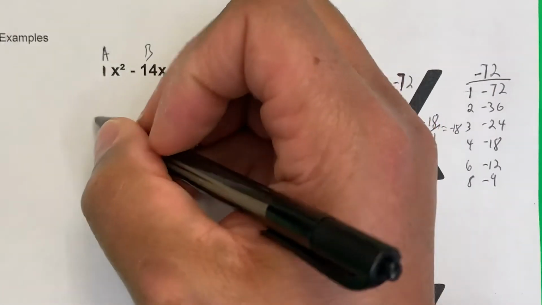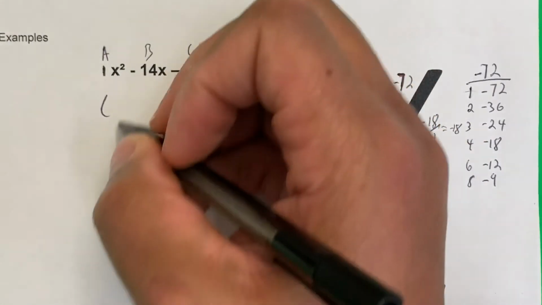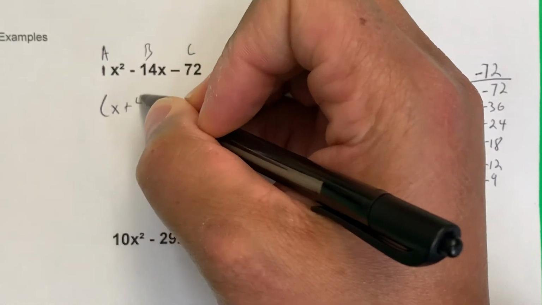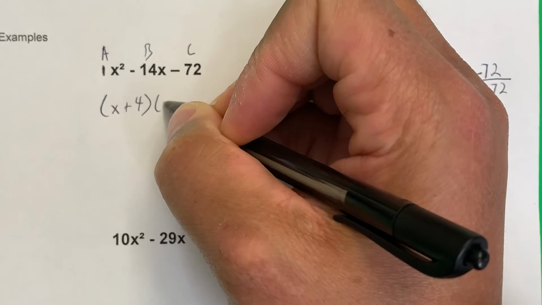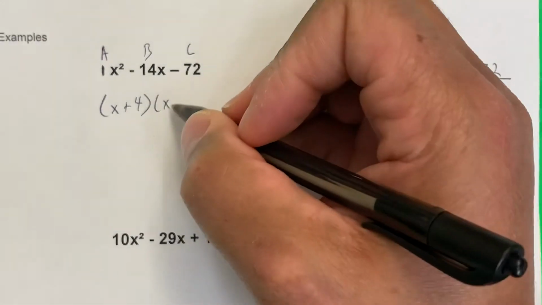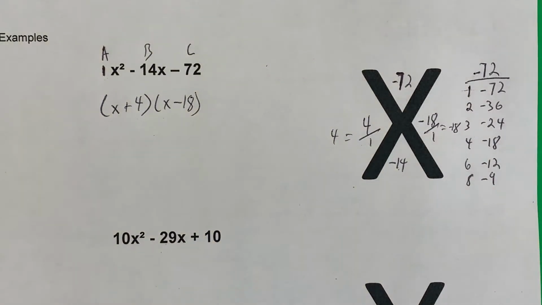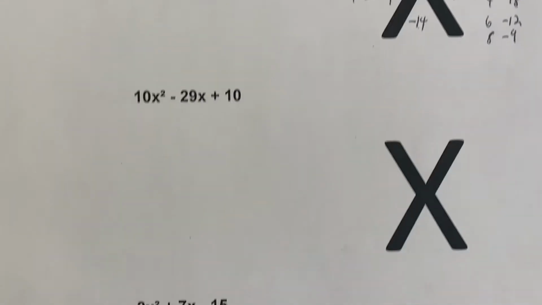So now it's just put my numbers in parentheses: x plus the first number, x plus 4, times x plus the second number, negative 18. And that's that. When A is 1, life gets a lot easier for us. We'll see that even more in our next video. Good, pause if you need to, watch that one again. We're going to move on to the next one.